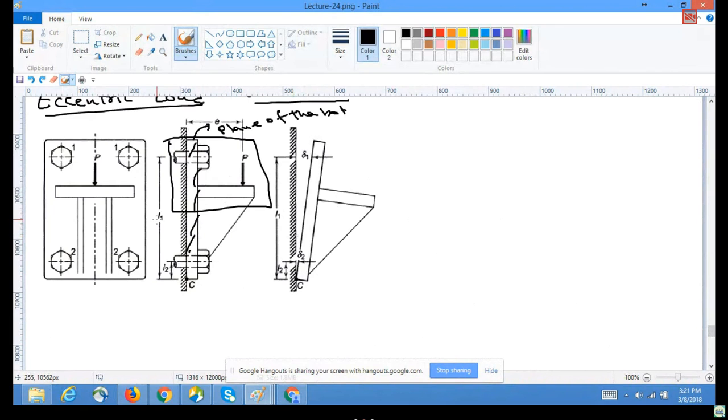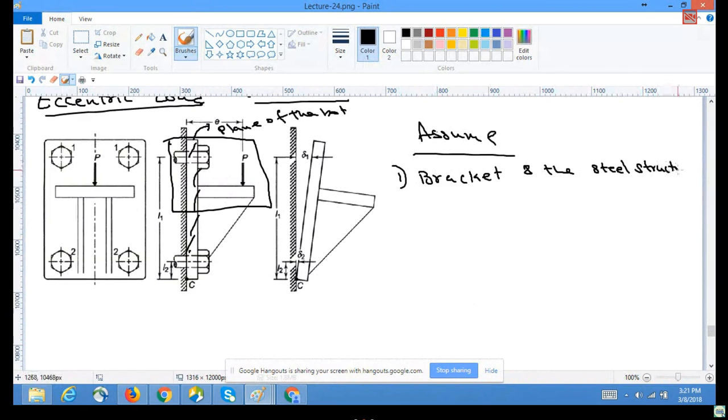So let's assume, first, that the bracket and the steel structure are rigid, then only the plane sections remain plane, and this kind of an approximation will come into the picture.